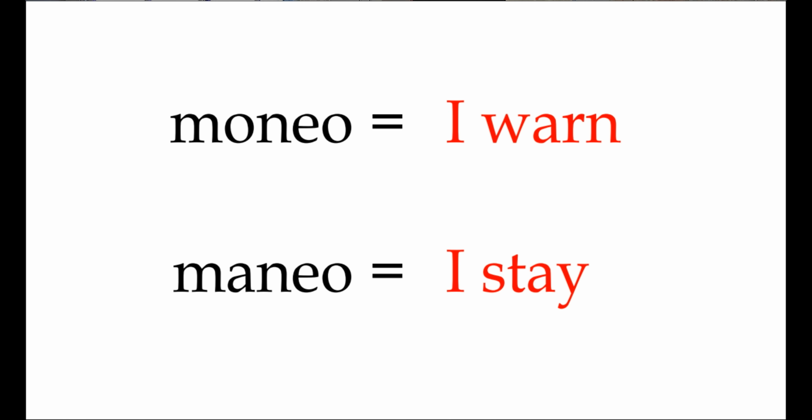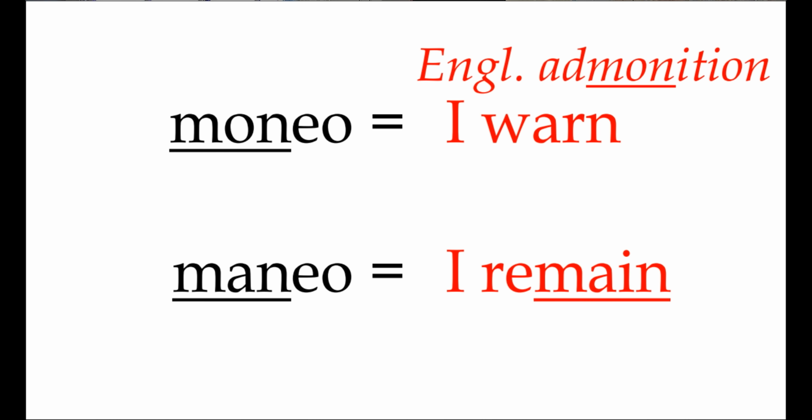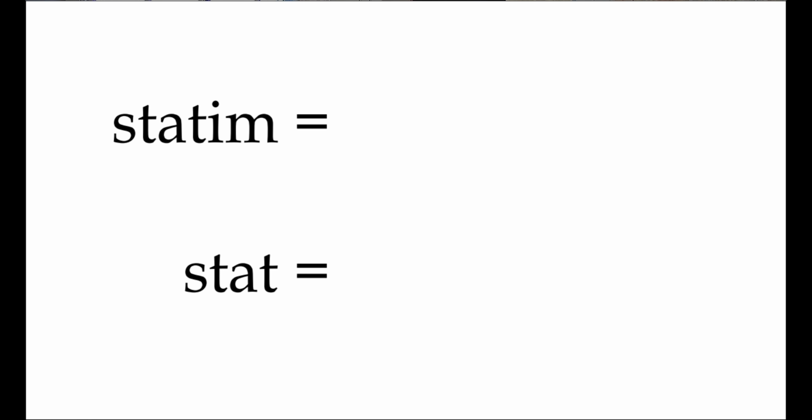Then we've got moneo and maneo. These two often catch people out. This one is I warn, like an admonition in English, and maneo means I stay or I remain. Listen to that second syllable in remain. That means that it comes from maneo. Cupio, capio. Cupio means I wish. Capio means I capture or I seize.